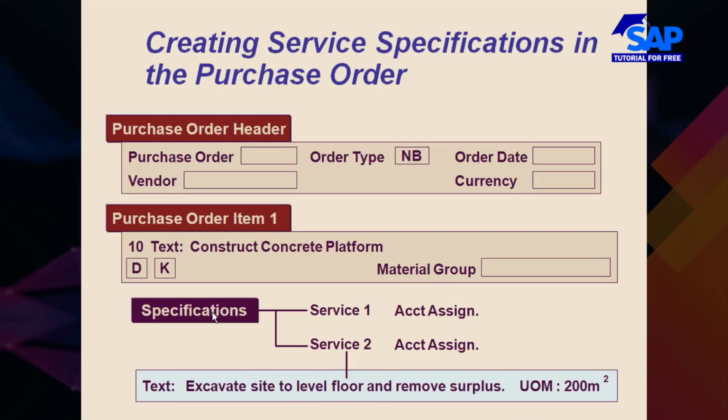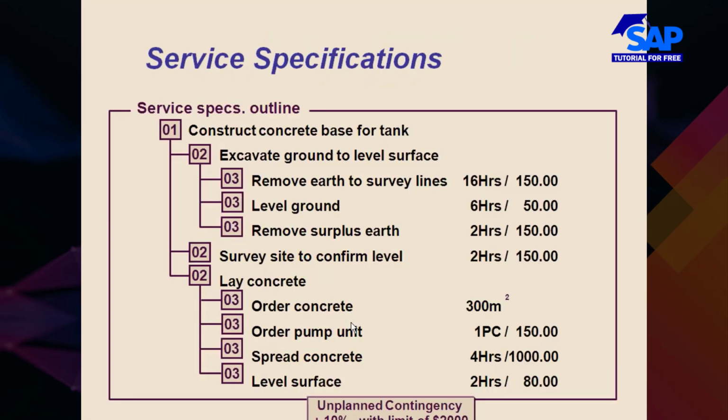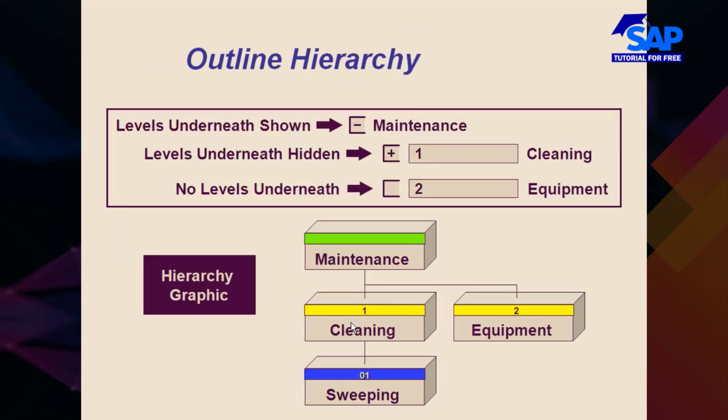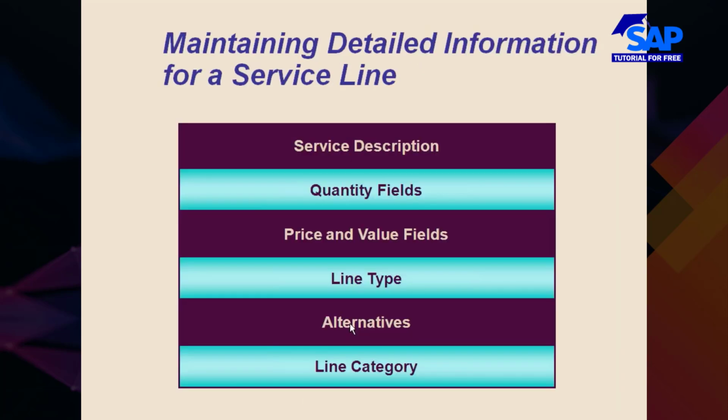Under service specifications, service 1, service 2, account assignment 1, account assignment 2, etc. You specify all these things, and they are called service specifications. Once you enter them, the service number comes from the service master, and the price information comes from the service conditions.